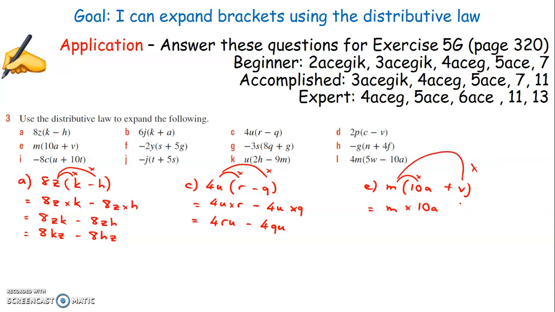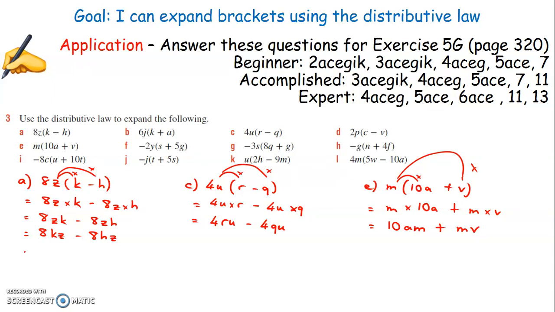There we go. Not perfect, but that's fine. And then bring the plus sign out, then m times v. So m times 10a gives us 10am. This is 10 times a times m, not the time 10 a.m. And then bring the plus sign down, m times v is mv.